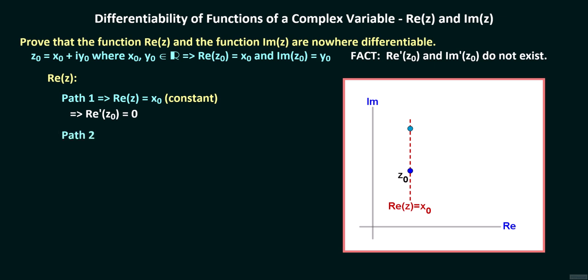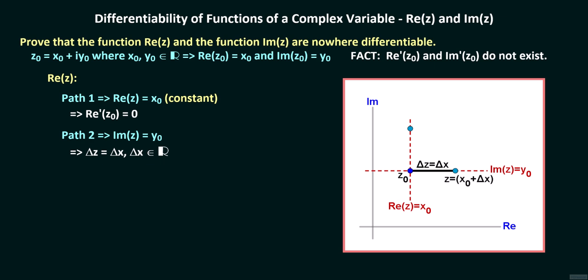For the second path, let's approach z sub 0 this time along the horizontal line through z sub 0 so that the imaginary part of all the z's along this path is equal to y sub 0. Then delta z will be equal to delta x, where delta x is real.